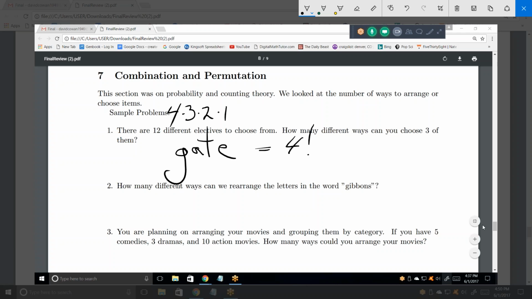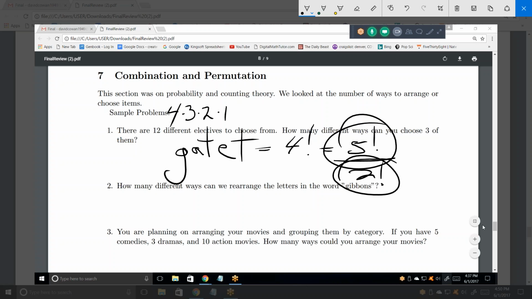But if I had GATET, when there's two of the same, it would be 5 factorial divided by 2 factorial. In other words, it's the number of letters factorial divided by the factorial of the number of duplicates.